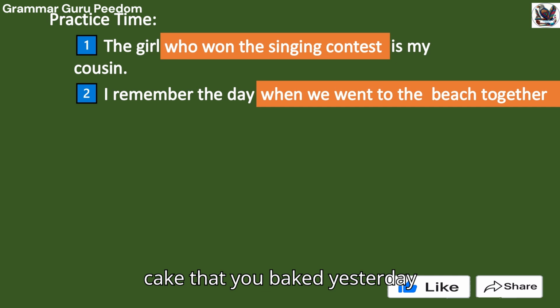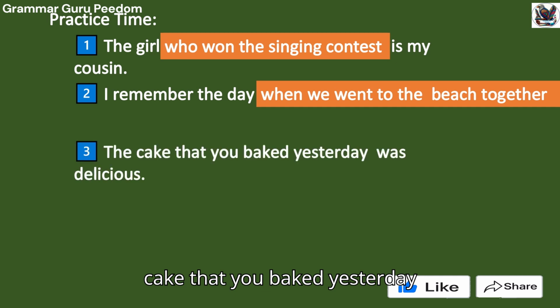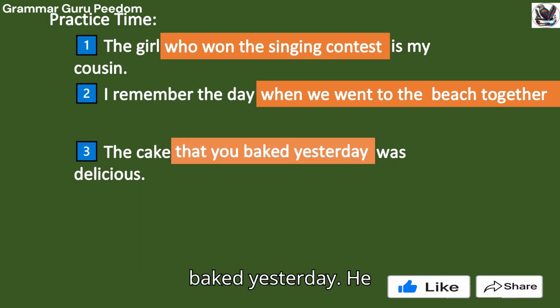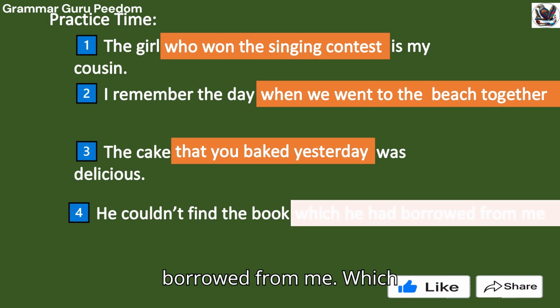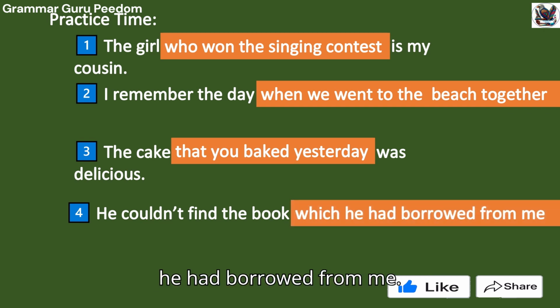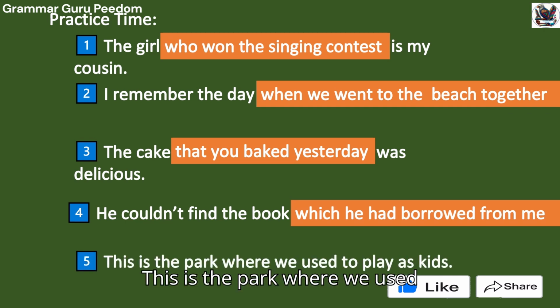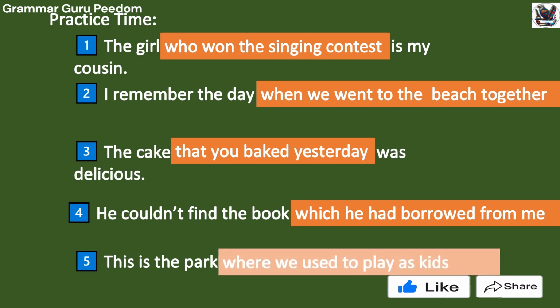The cake that you baked yesterday was delicious. That you baked yesterday. He couldn't find the book which he had borrowed from me. Which he had borrowed from me. This is the park where we used to play as kids. Where we used to play as kids.